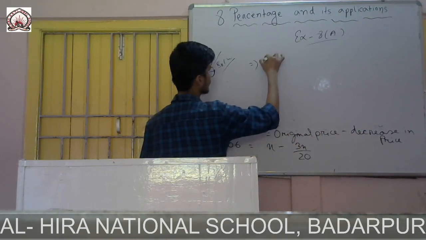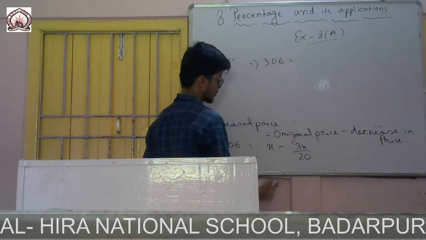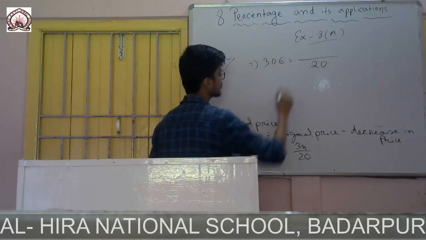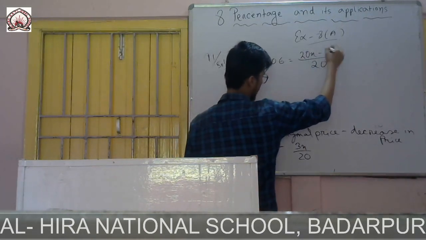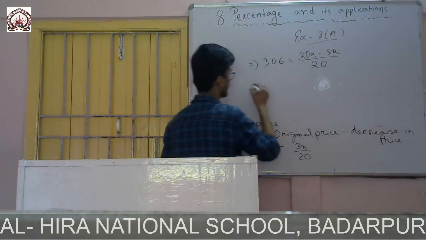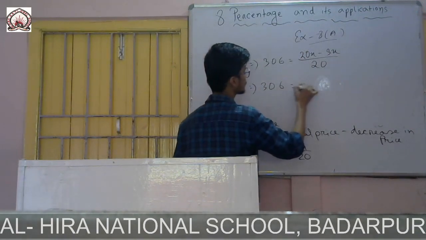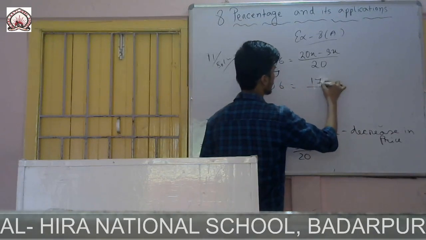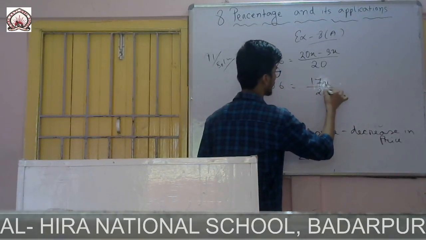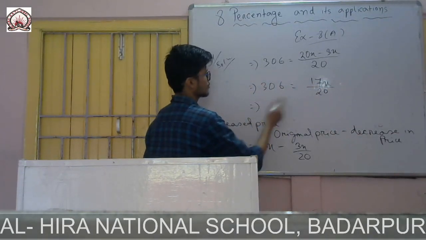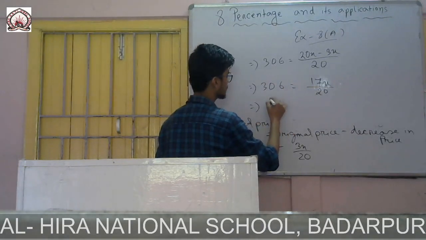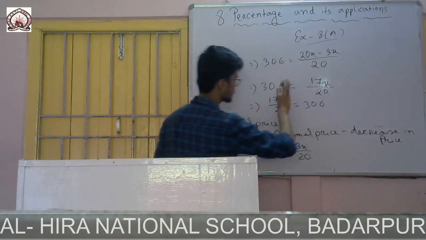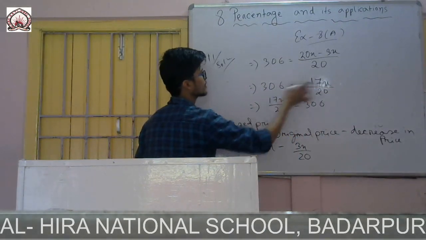This implies 306 equals, if I take the LCM, it will be 20. 20 into x is 20x minus 3x. 306 equals 20 minus 3, which is 17, 17x by 20. First of all let me change the side.